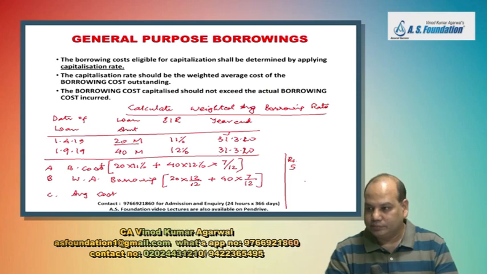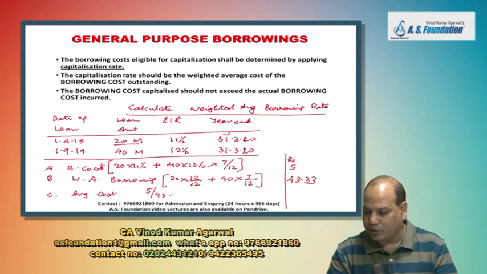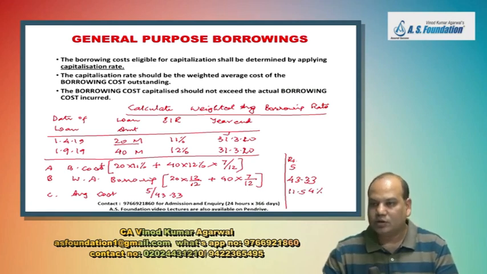First you tell me 20 into 12 by 12, 40 into 7 by 12. How much is this figure? 43.33. Now average cost, 5 by 43.33. 11.54%. Check the answer.